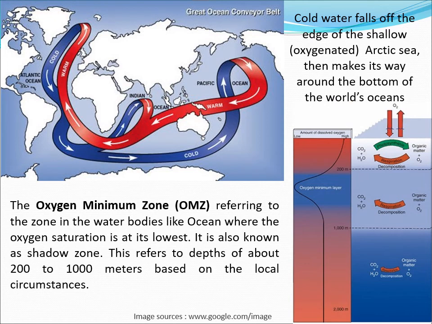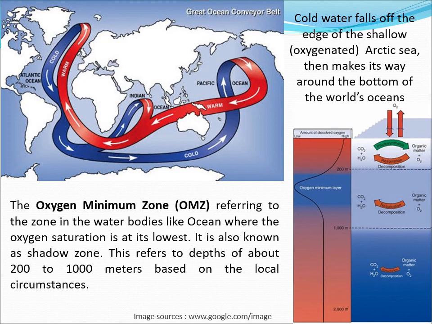You can see that along with the hot and cold water movement, as I already told you, the equatorial region gets an immense amount of sunlight and the heated water moves towards the polar region as surface warm water, and the polar region cold water goes below and moves as bottom current towards the equatorial region.